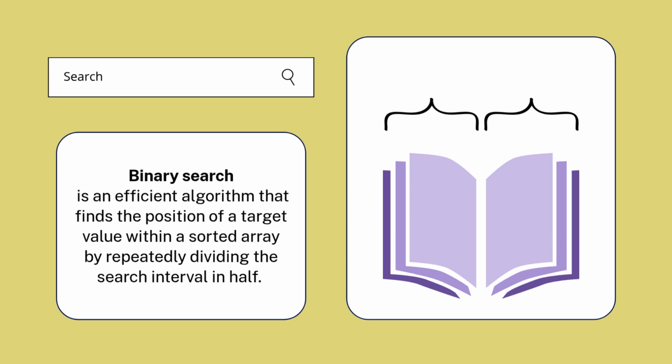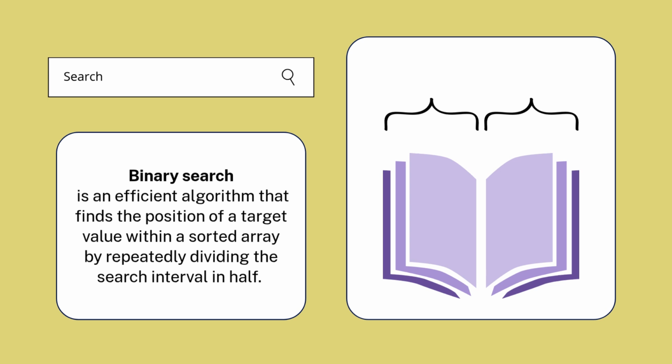Now, suppose the key element is I. You want to find any word starting with I. So, you move to the middle of the dictionary and check whether I is before or after whatever is present in that middle. If I is before that particular element, then you check the left half of the dictionary. And if I is after that, then you check the right half of the dictionary.